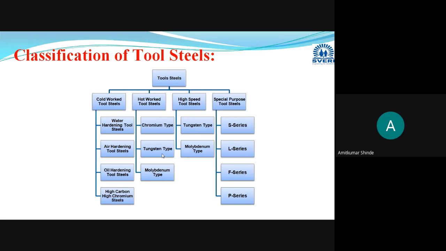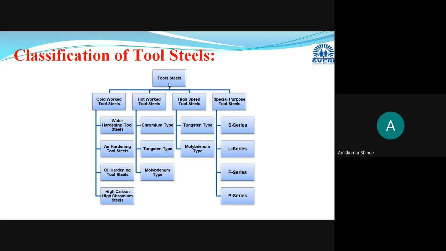Now, whether it is visible clearly. Now, these tool steels. Specifically, why is this name given as tool steel? Because these steels are used for different working operations, or they are used as a tool to perform different kinds of operations which we are using in the industry to give a material the desired shape.